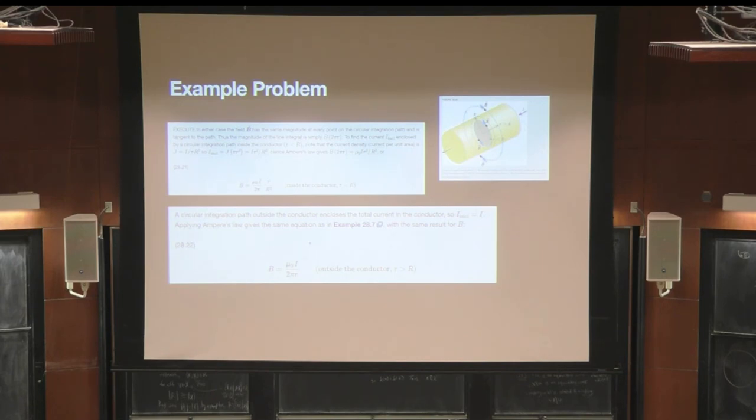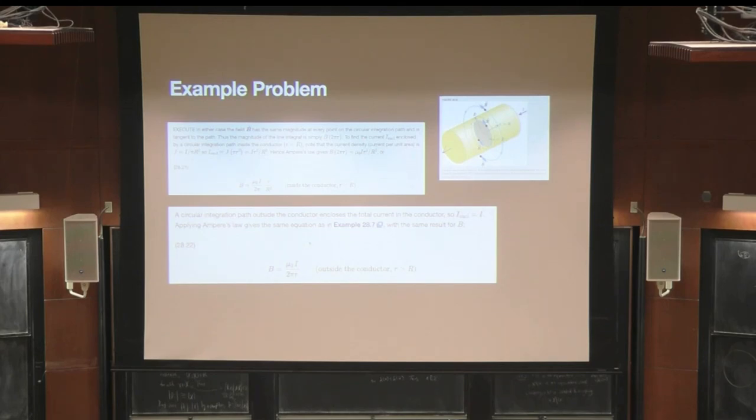Outside of the conductor is a little bit easier, because I can choose any path that I want. I can make R as big as I want, but I'll just make it out to here.